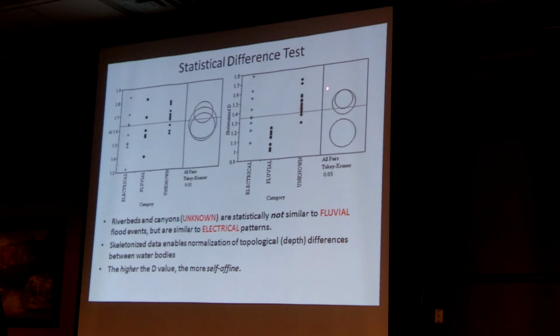However, you can see that the two circles overlap each other with the unknown event and the electrical event, which means that they are statistically similar in fractal dimension. And if we therefore draw the conclusion that this fractal dimension is a measure of the origin, it's more like the origin of an electrical discharge than the fluvial event.